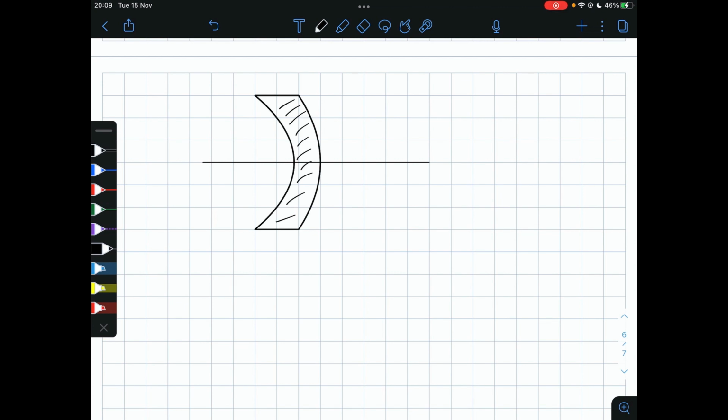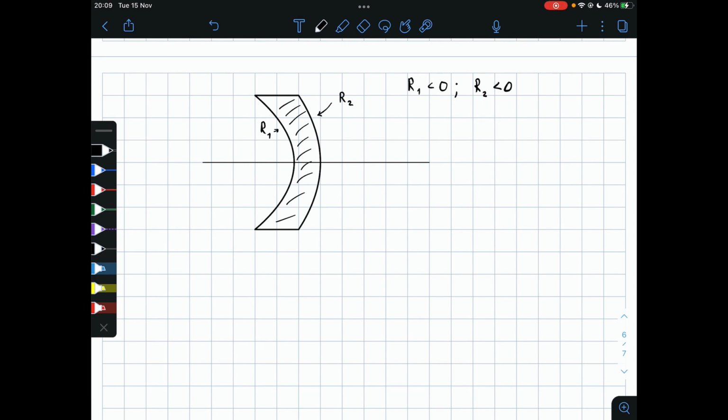We need to find the focal length of this lens. The radius of the curvature of the first surface, let it be R1, and the radius of the curvature of the second surface is R2. So R1 is a negative number because it's a concave surface, and R2 is also a negative number because it's also a concave surface.